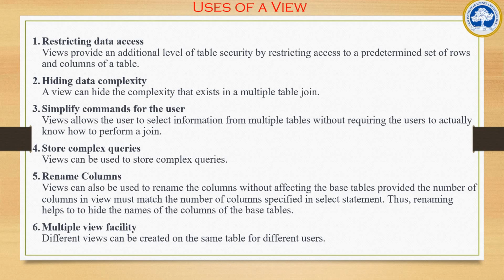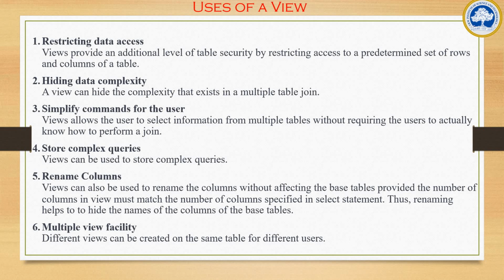And then hiding the data complexity and simplifying the commands for the user. Sometimes we do joins, left join, right join, and we have to write very complex queries. To avoid that, we simplify our commands and store the complex queries.